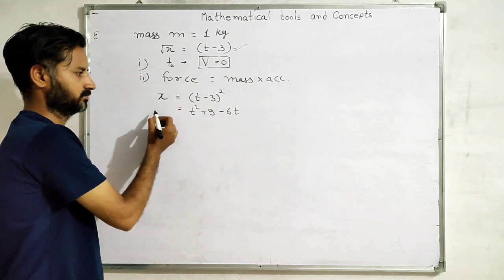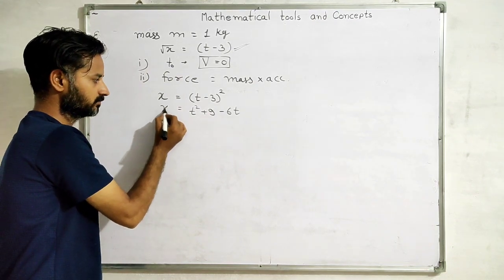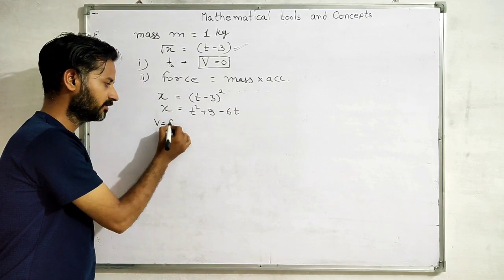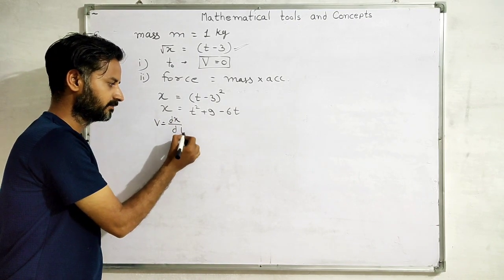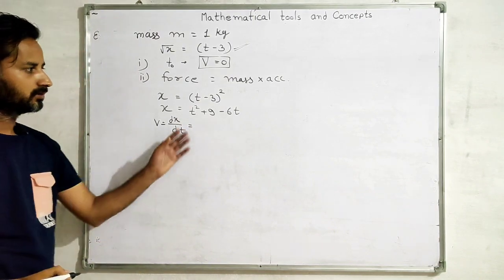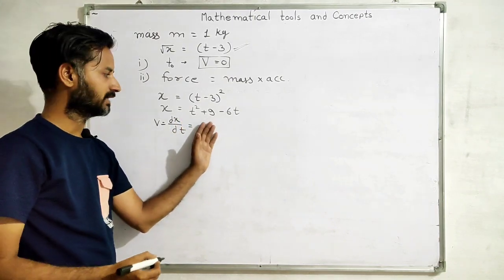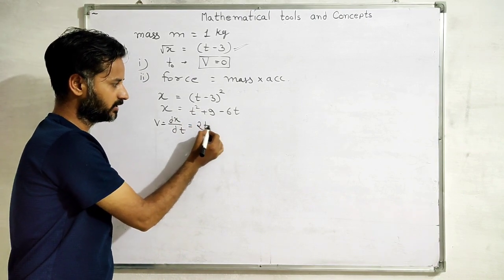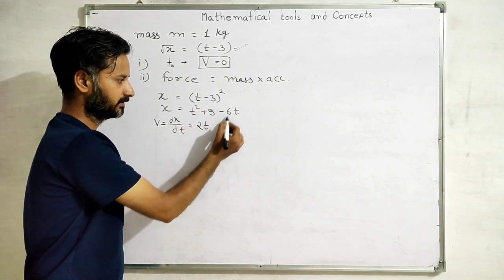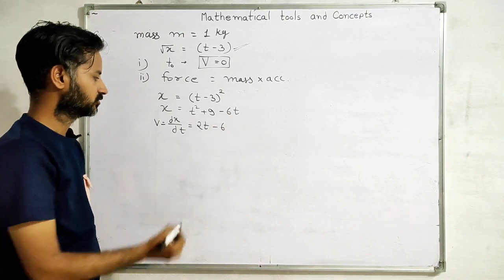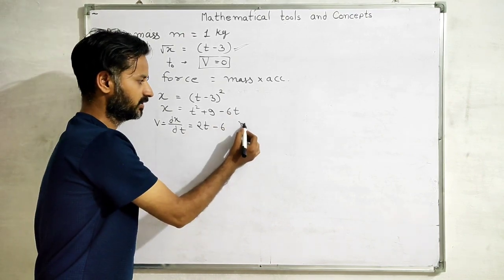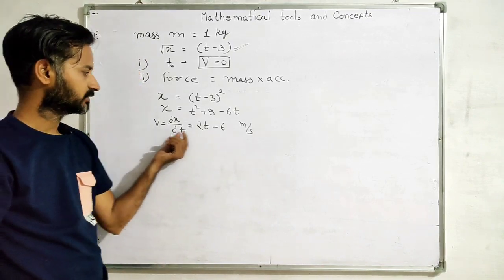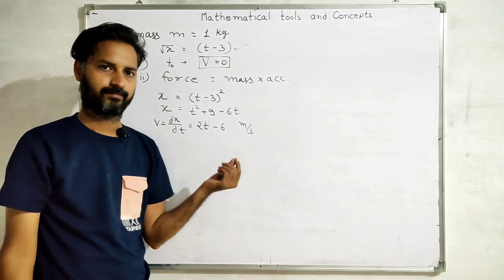Now the velocity is given by dx/dt, which is equal to 2t, plus 0, and minus 6. So v = 2t − 6 meters per second. This is the value of velocity, as the velocity depends on time.